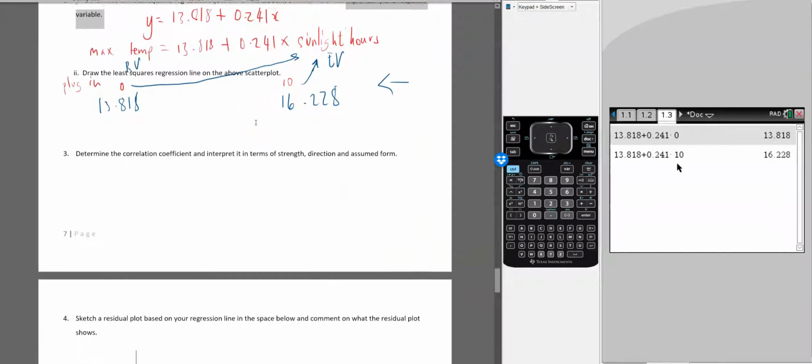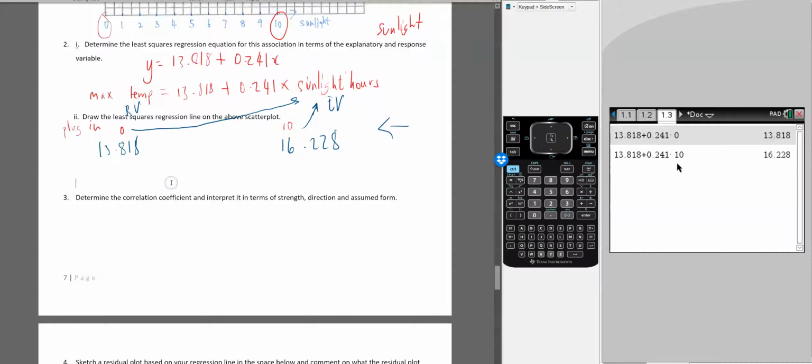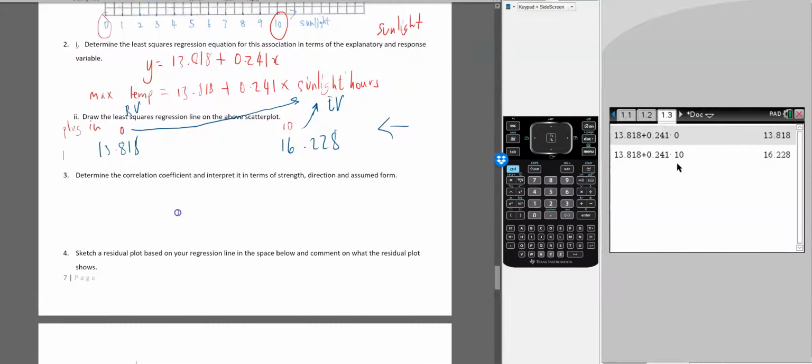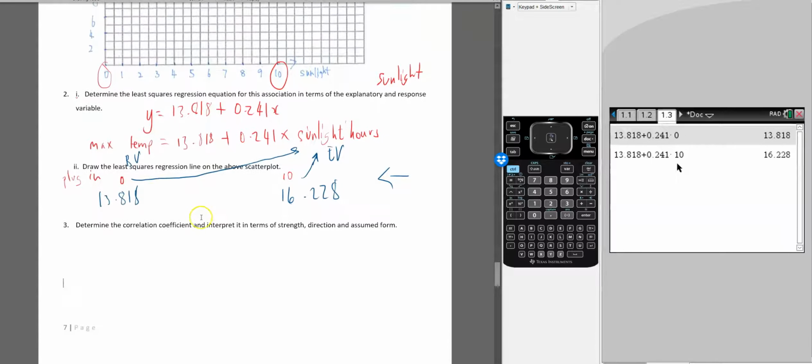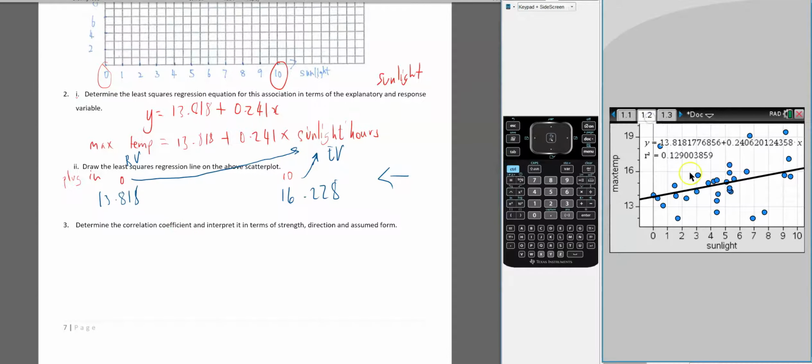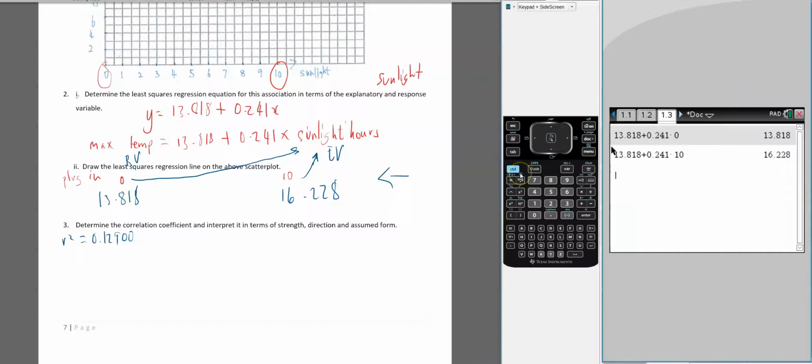Okay, next question. Determine the correlation coefficient and interpret it in terms of strength, direction, and assumed form. So there's 2 ways we could calculate this. I'm going to do it the first way by using the R squared value. If the R squared value is 0.12900, to find the R value, we find the square root.